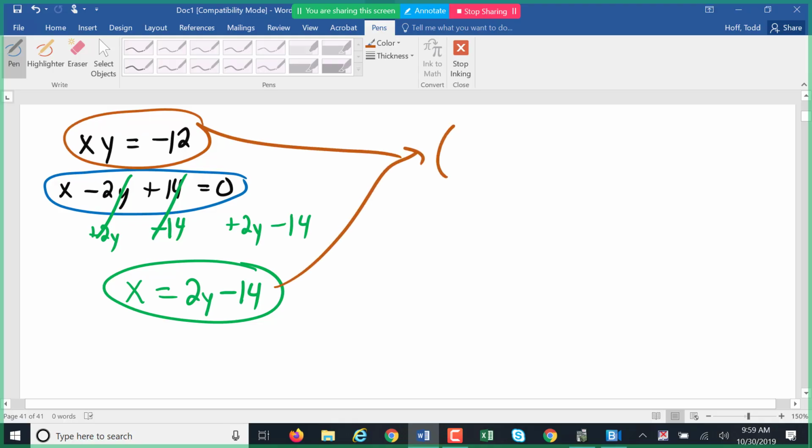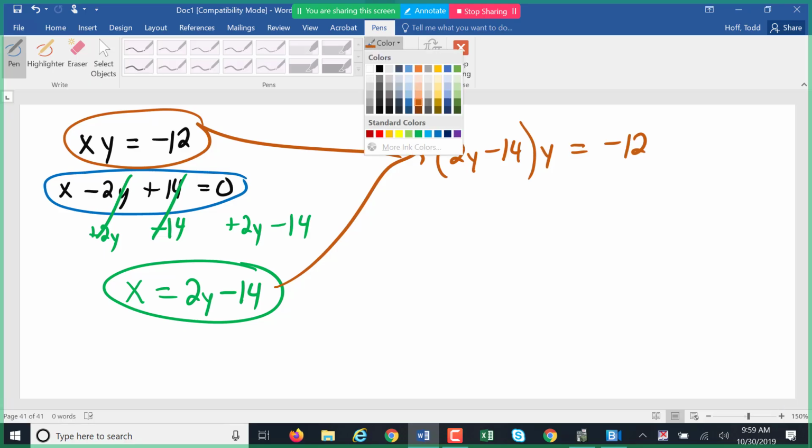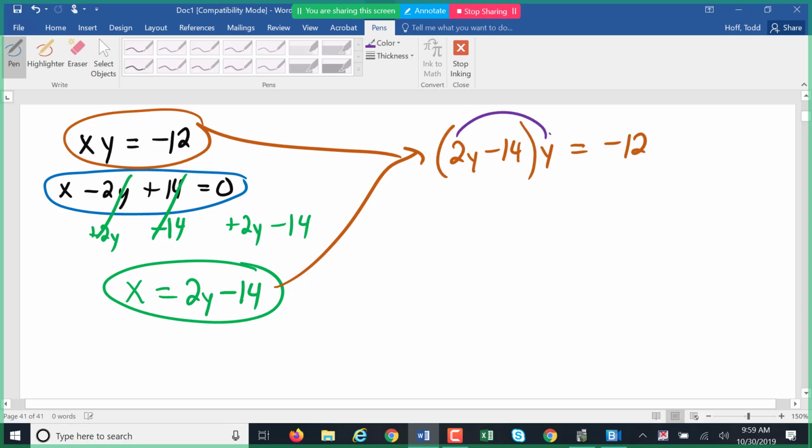So instead of x, I have 2y minus 14 times y equals negative 12. Now I have to distribute the y. Y times 2y is 2y squared. Y times negative 14 is a negative 14y equals negative 12.